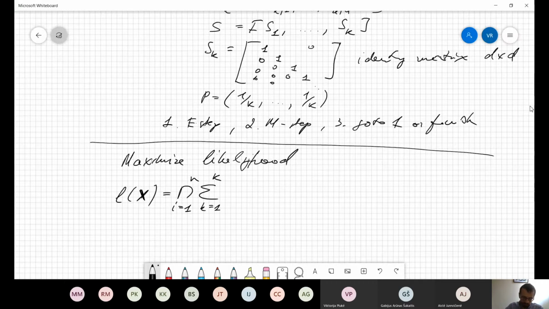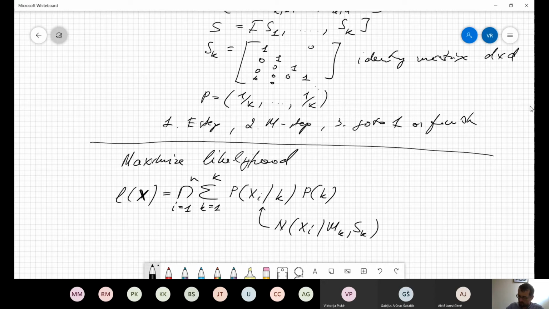So for all the clusters, we sum over k, with pk, and this calculation comes from the distribution of xi with mk and sk.